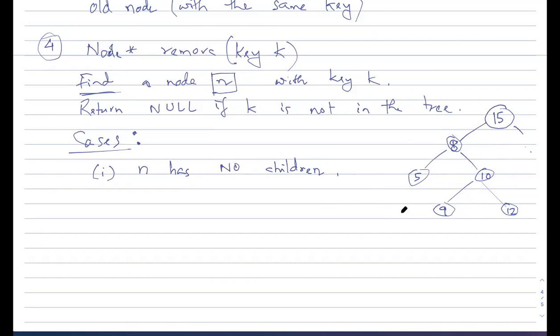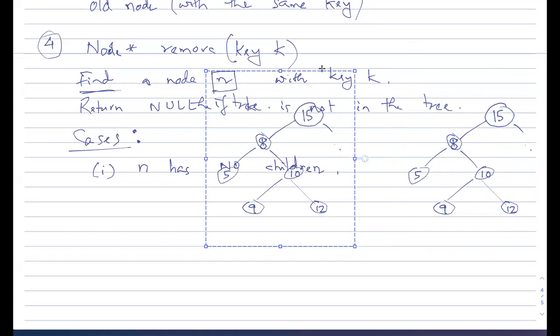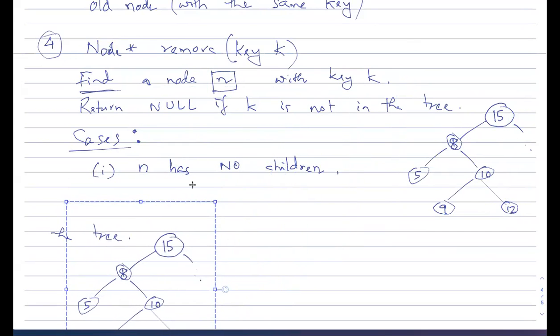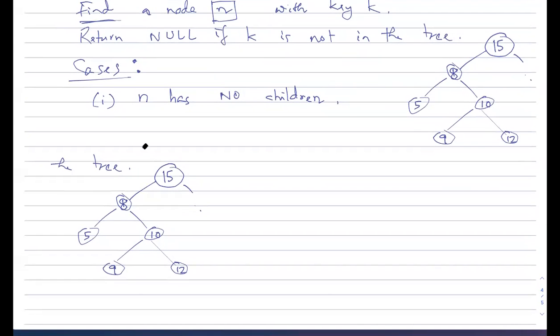Suppose you want to remove 9. You can see the removal of 9 is so easy. Actually, I should have drawn it. Let me just duplicate this, it's easier to show, and then do some erasing.